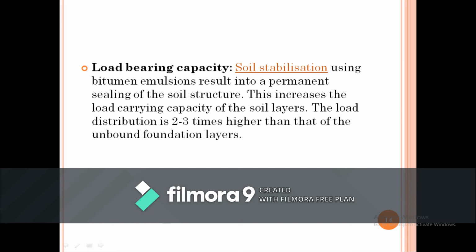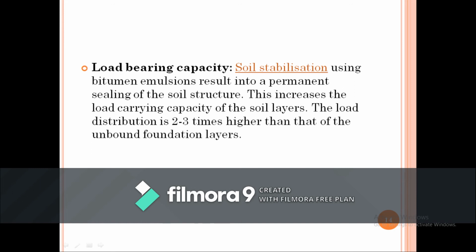The main reason is that any amount of rain falls, you cannot find even a little water on the road. It means that it is sealing off the soil structure. That is the main thing. So these are used in soil stabilization mainly to have a permanent sealing.